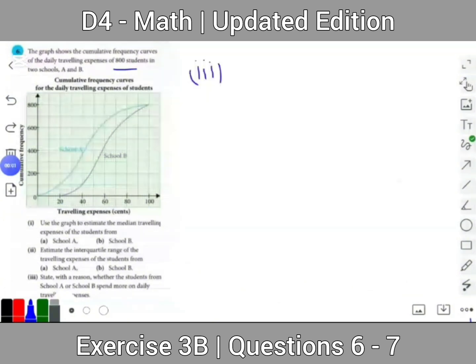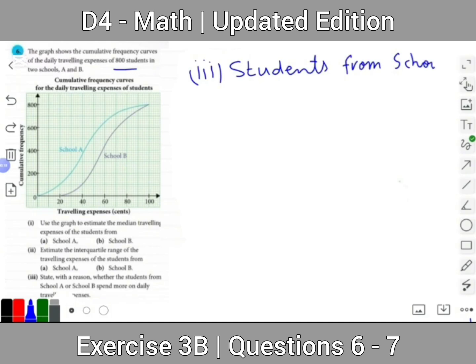And the part 3: state with a reason whether the students from school A or school B spend more on daily traveling expenses. So students from school B spend more on daily travel expenses.